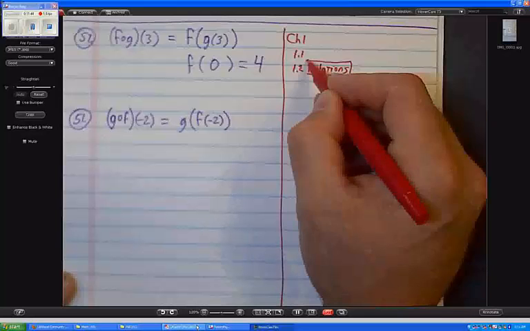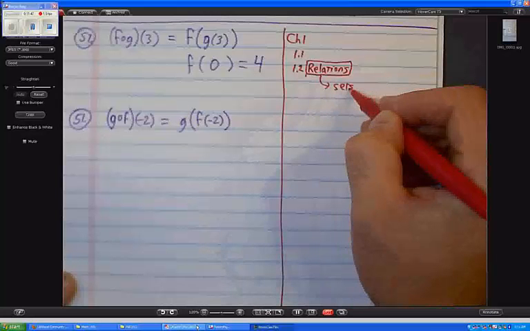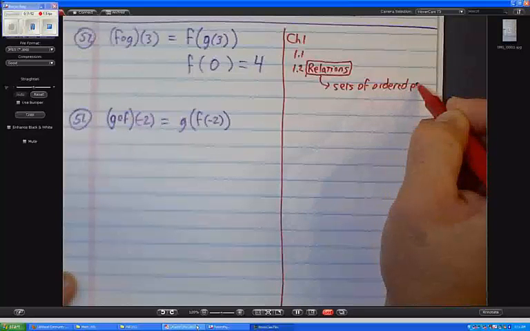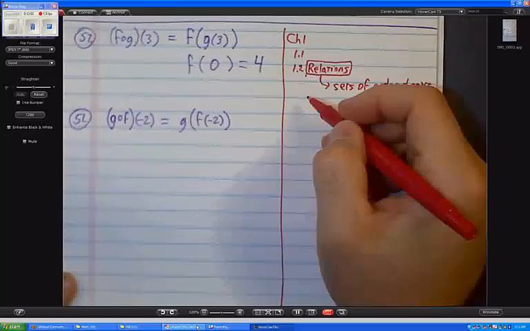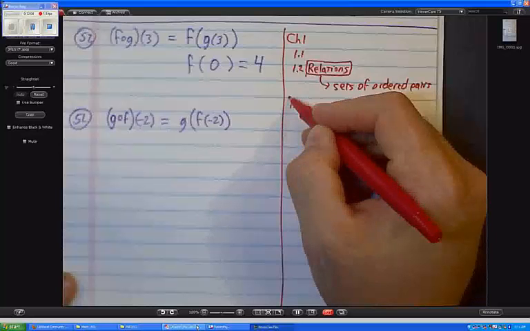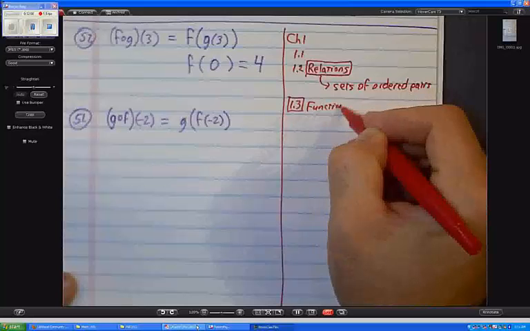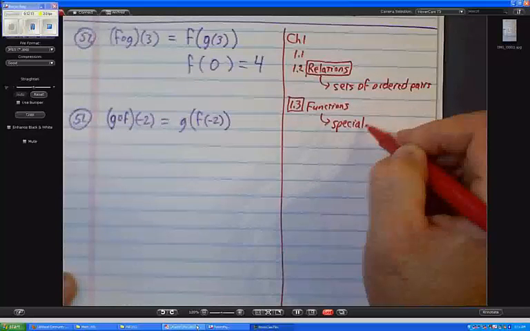Most of you had never seen that. Relations are just sets of ordered pairs. When I list a set of ordered pairs like that, that's a relation between, say, x and y. But in 1.3, we started functions, and functions are special relations.